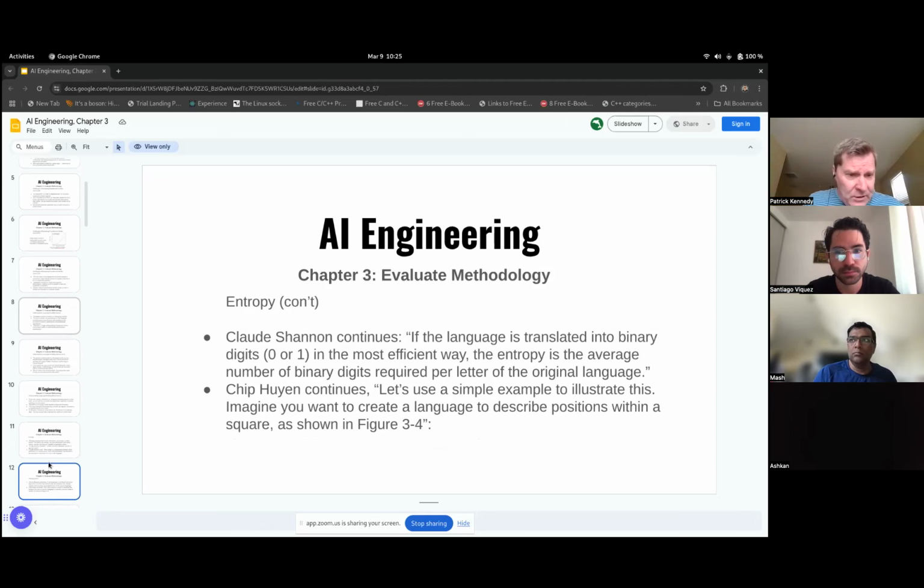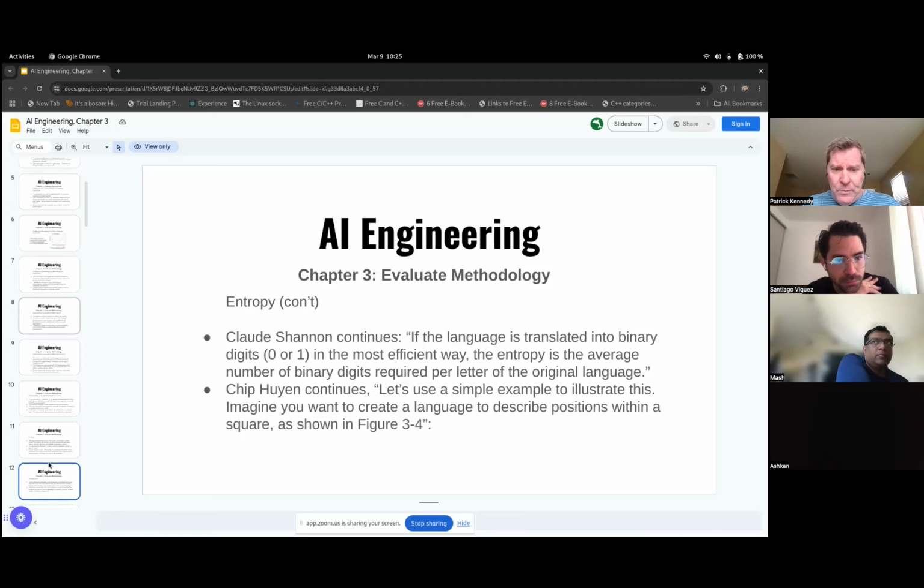So the next slide, 12. Claude Shannon continues, if the language is translated into binary 0 or 1 in the most efficient way, the entropy is the average number of binary bits per letter of the original language. So we'll see a diagram that kind of shows what that means.